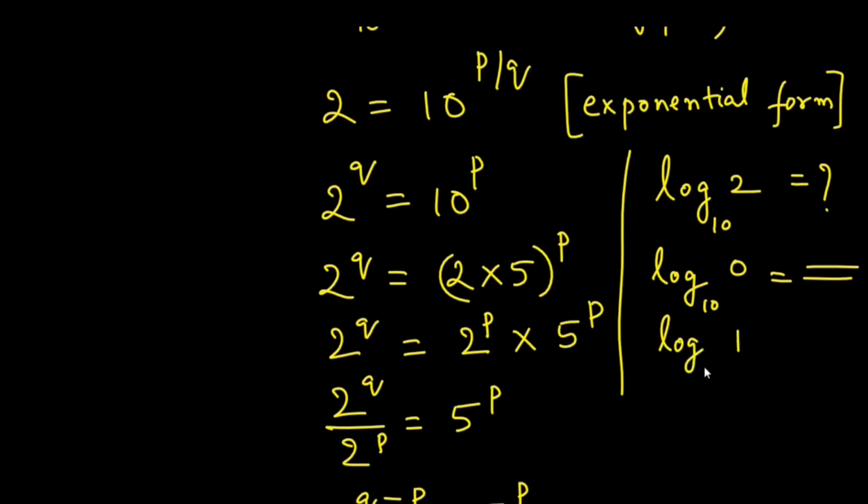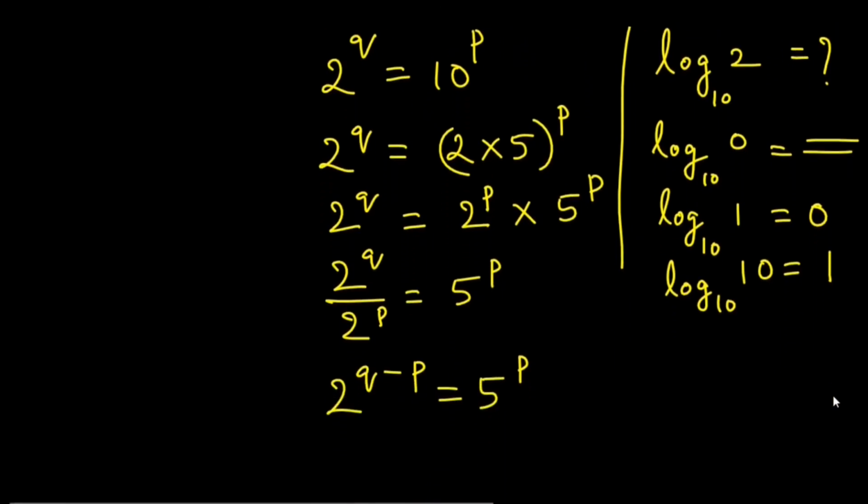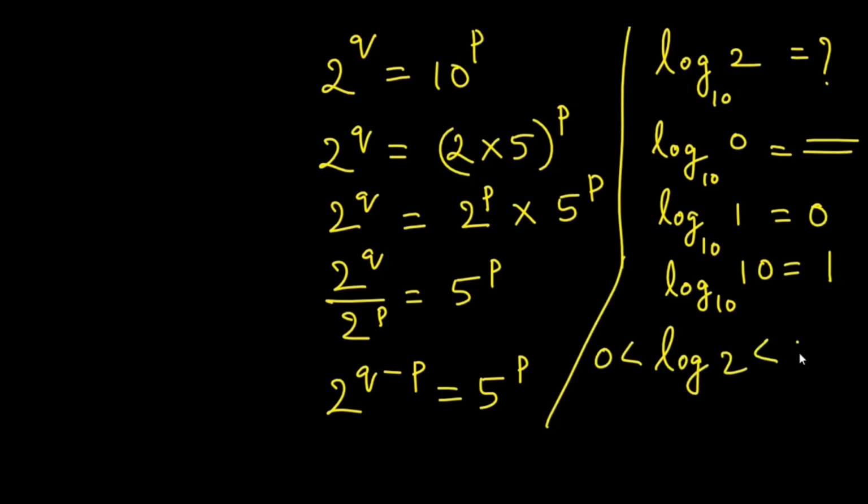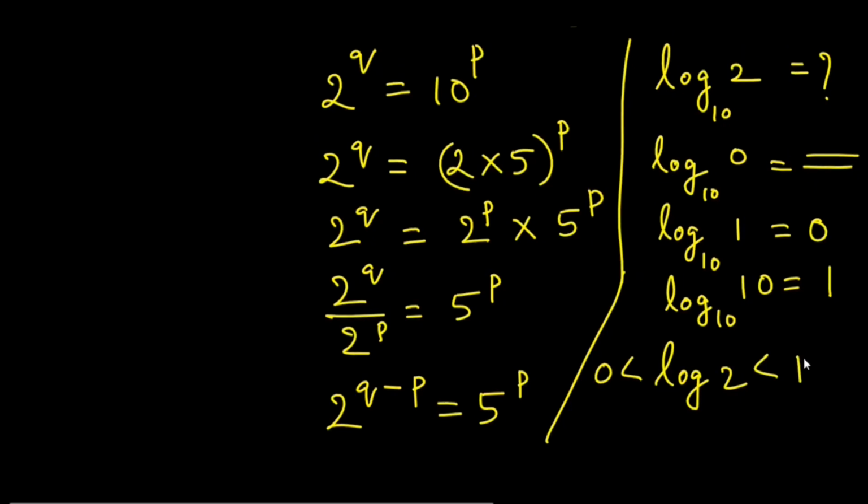Log 1 to the base 10 is equal to 0, and log 10 to the base 10 is equal to 1. So log 1 is 0 and log 10 is 1. 2 is between 1 and 10, so its log value should be between 0 and 1. So log 2 is less than 1.